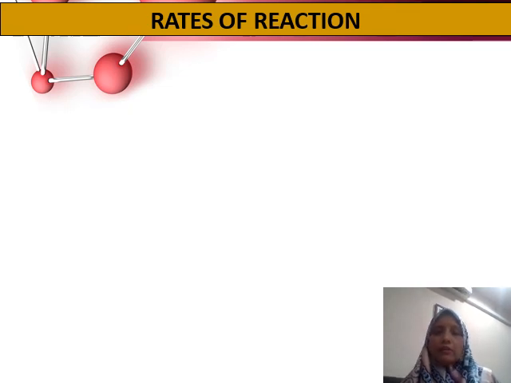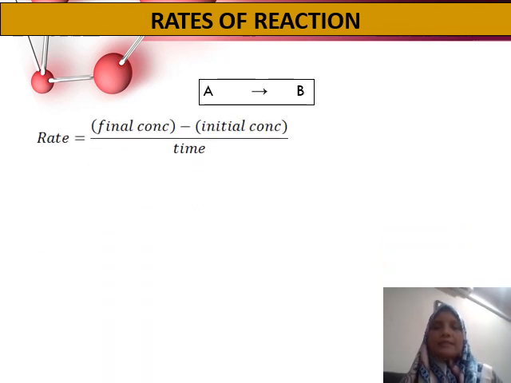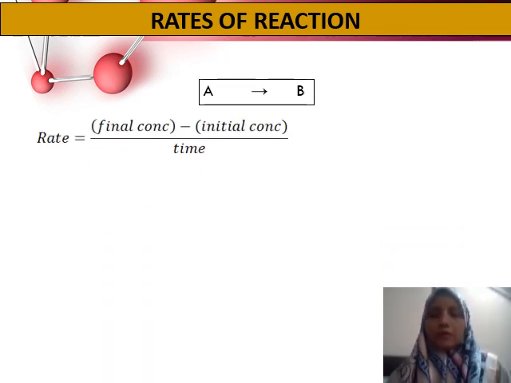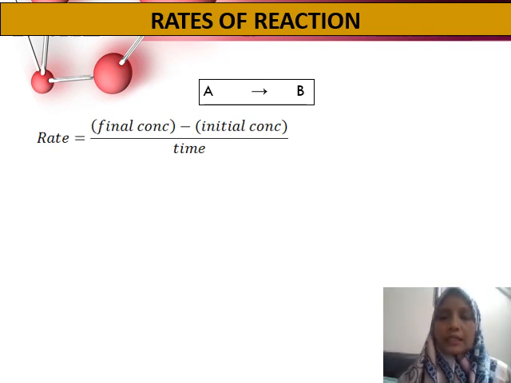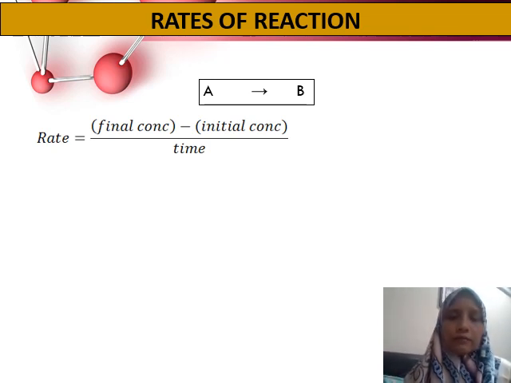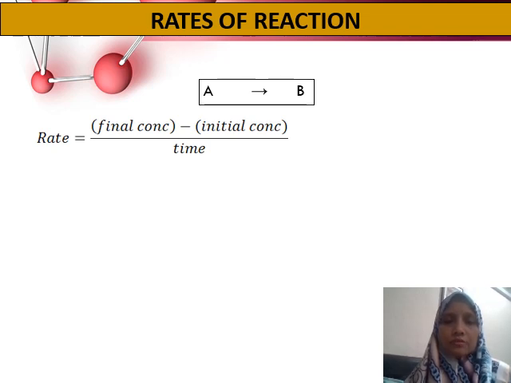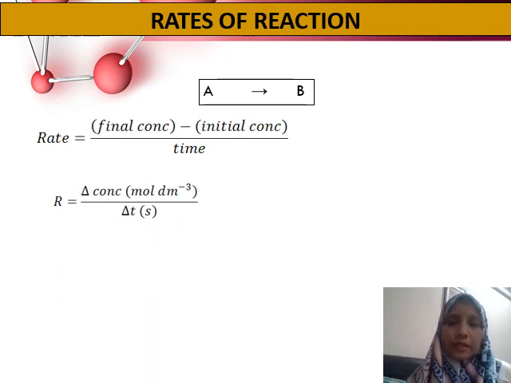And then we look at the next slide. What we're going to see here is, let's say we have A towards B, A the reactant to produce B the product. So what you have here, rate is equal to final concentration minus initial concentration over the time. Final concentration minus the initial concentration is equal to the differential of the concentration.